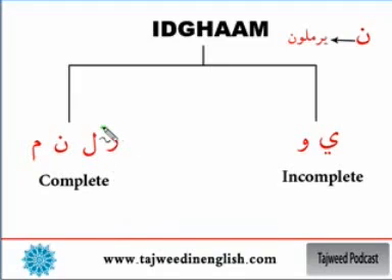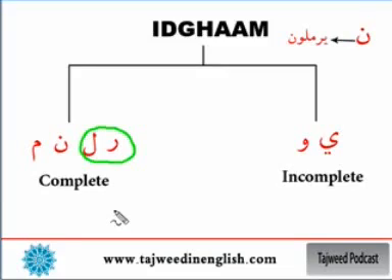When it is followed by only the two letters, Ra and Lam, the Noon Sakina completely disappears, as well as its quality of the ghunna. So as you can see, if we say, for example, min rabbik, it becomes mir rabbik, the Noon disappears completely. But for the Noon and the Mim, yes, the Noon Sakina disappears, but because there is another noon and meme joined with it, if we say, for example, min nabiyyin, min naba'in, you say min nabiyyin, mimma.